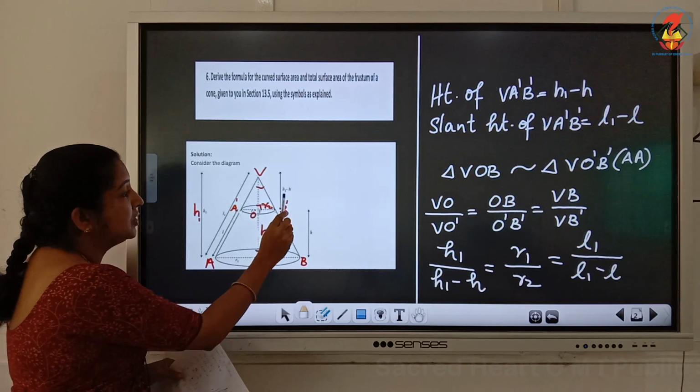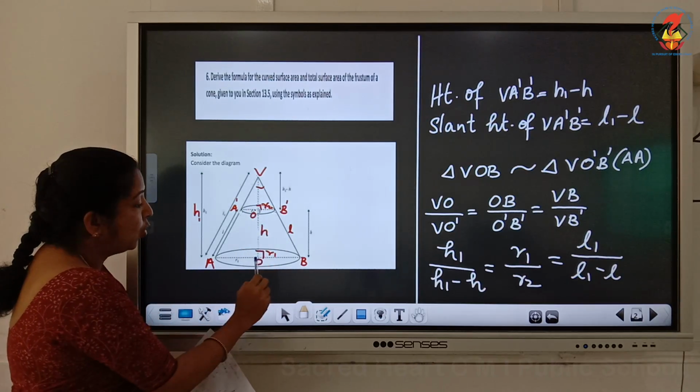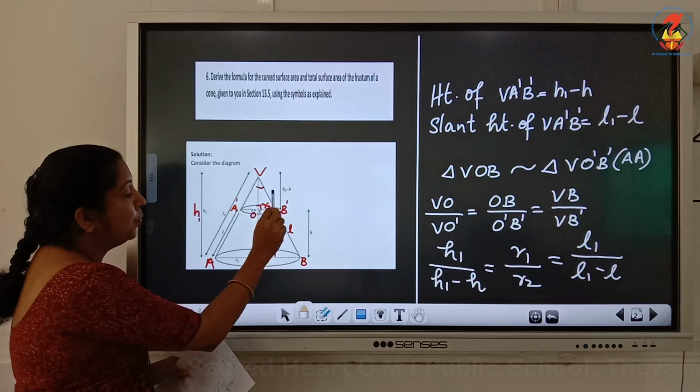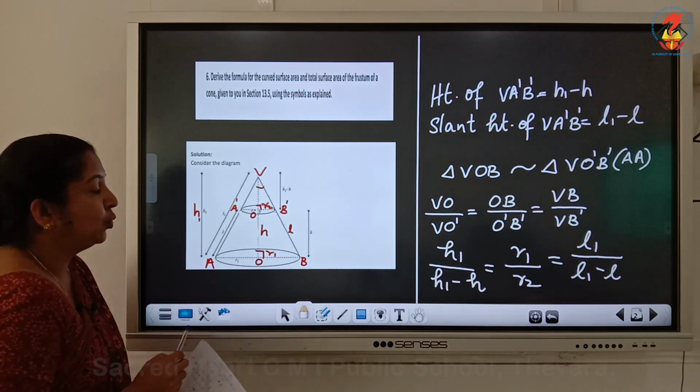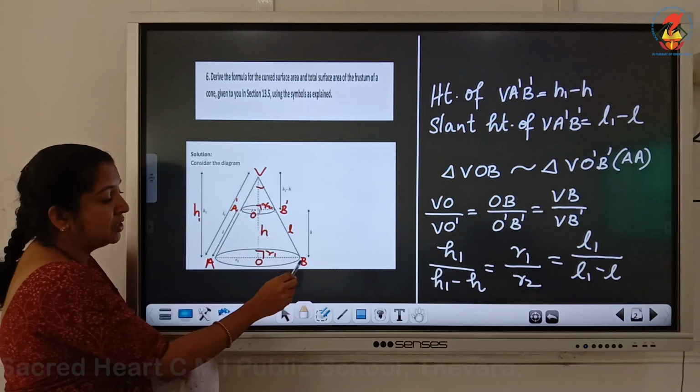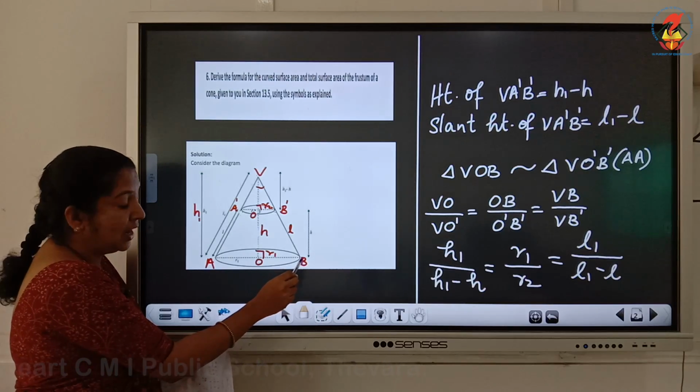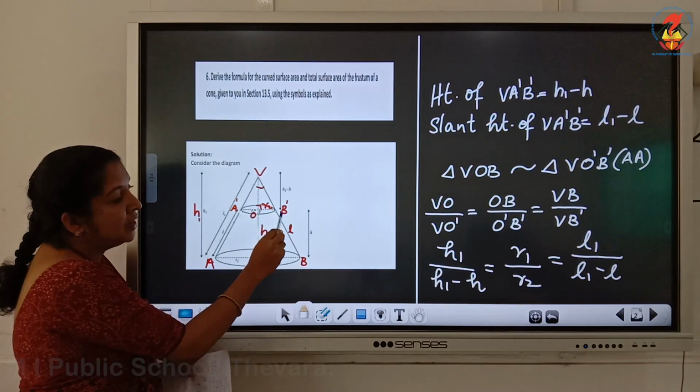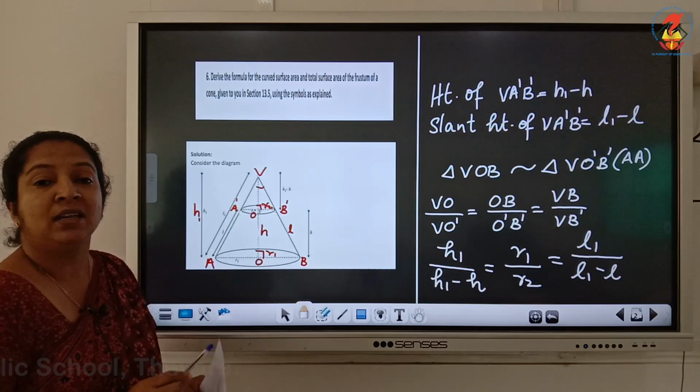VO' is H1 minus H. OB is R1. O'B' is R2. VB is the total slant height, that is L1. VB' is L1 minus L.